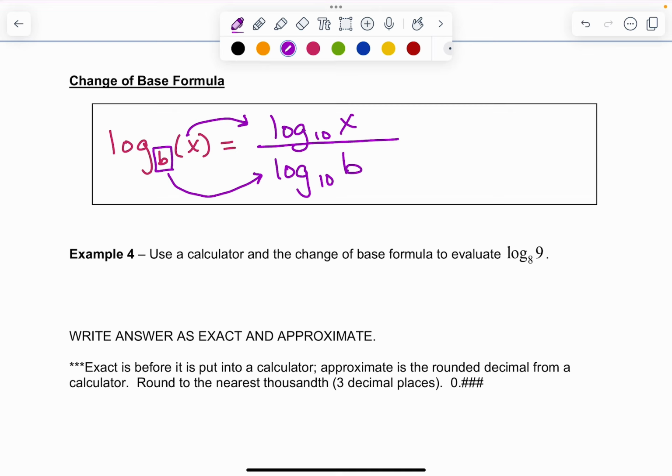Even though I'm dealing with a fraction now, these are a little more manageable because it opens up some of the operations I can do. So log base b of x is the common log of x over the common log of b.